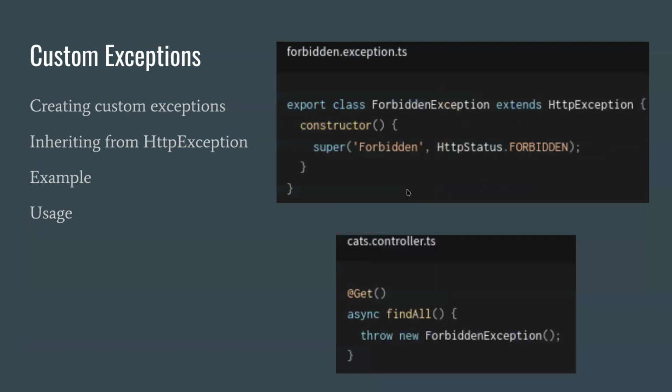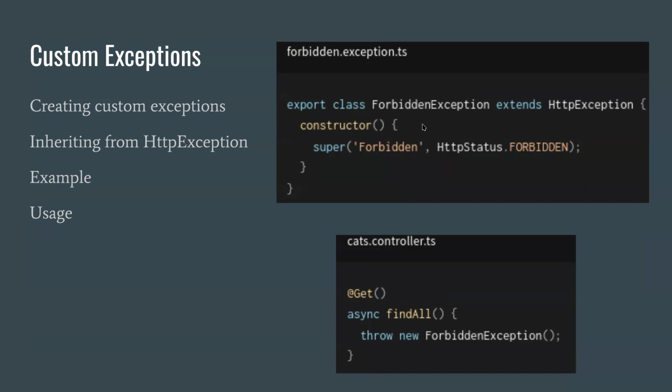Custom exceptions. While built-in exceptions in NestJS are powerful, you may encounter situations where custom exceptions are necessary. By creating your own exceptions and inheriting the base HTTP exception class, you can define specific error conditions tailored to your application.